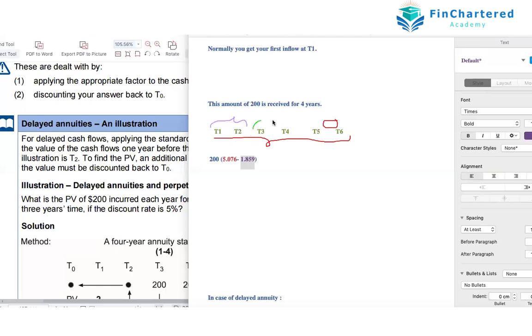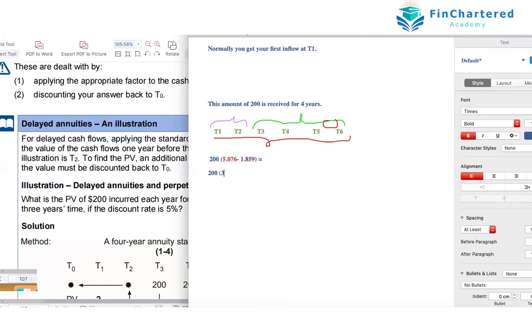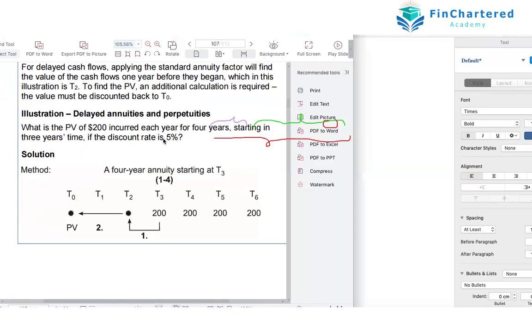The remaining balance will be the annuity factor for years 3, 4, 5, 6, which is 3.217. So 200 into 3.217 is 643 point something. Did we get the same answer last time also? Yes, we did.